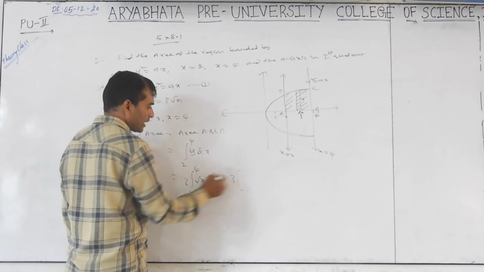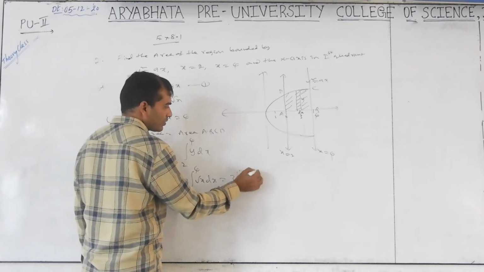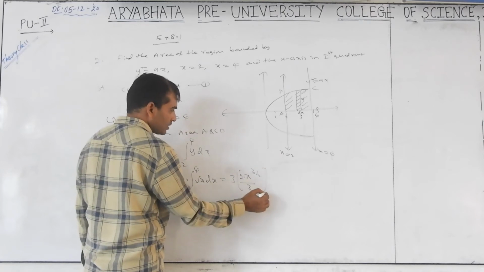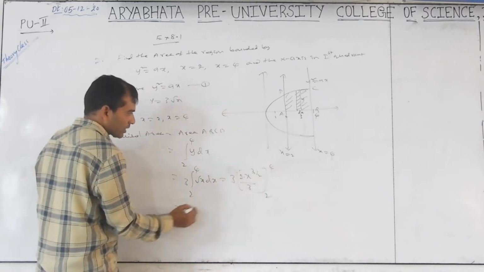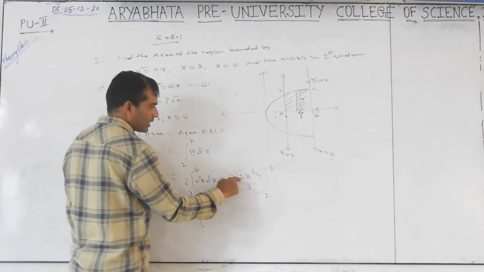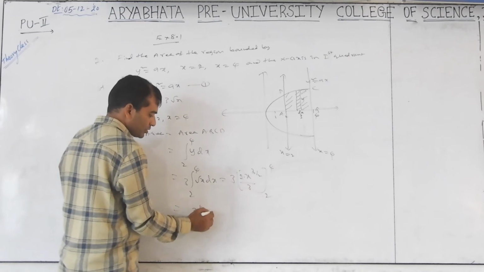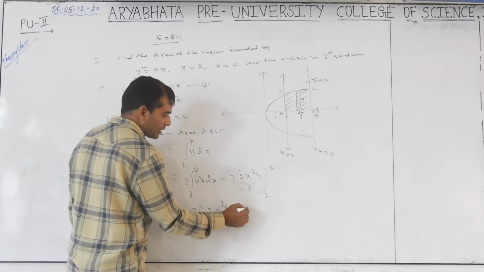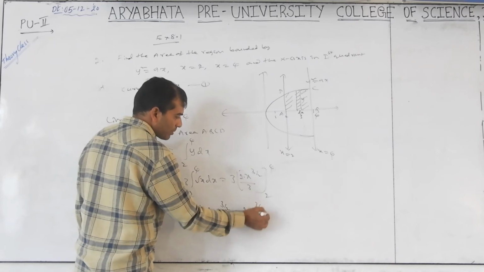3 into root x integration: x power 3 by 2 by 3 by 2, by 3, limits 2 to 4. This 3 gets cancelled. Now put x is equal to 4: 2 into 4 power 3 by 2 by 3 minus 2 into 2 power 3 by 2 by 3.